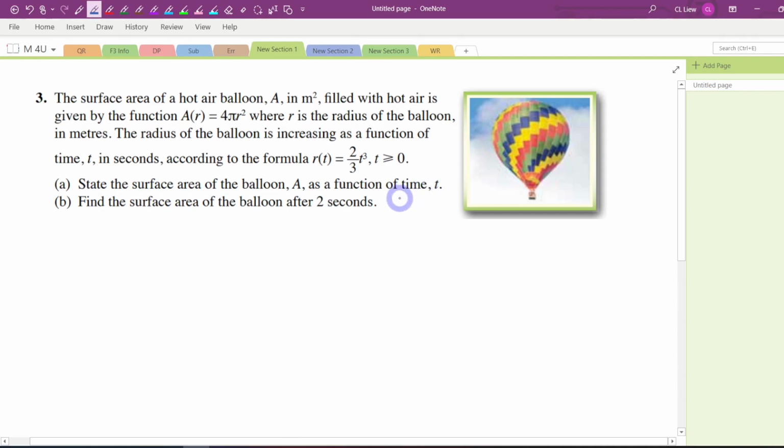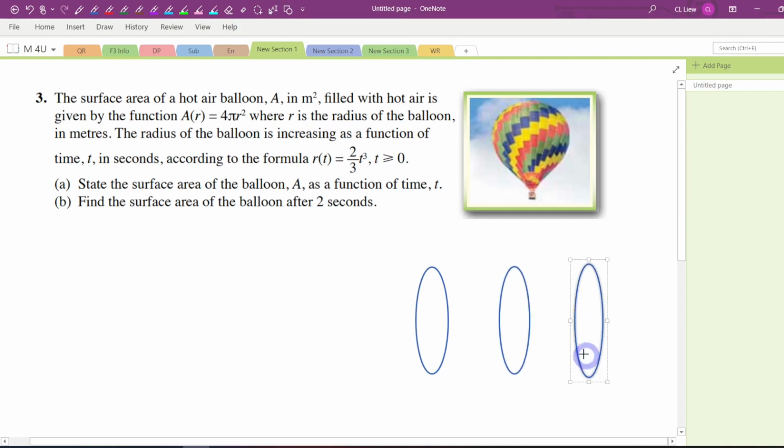But since this is the chapter of function, we will be using function notation to represent this situation. So let me draw a diagram to help you to visualize the situation. Now I have three ovals over here. The first one is the time, the second one is the radius, and the last one is the area.